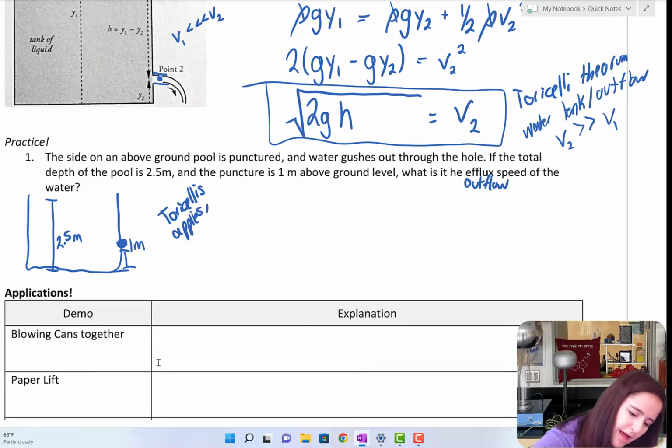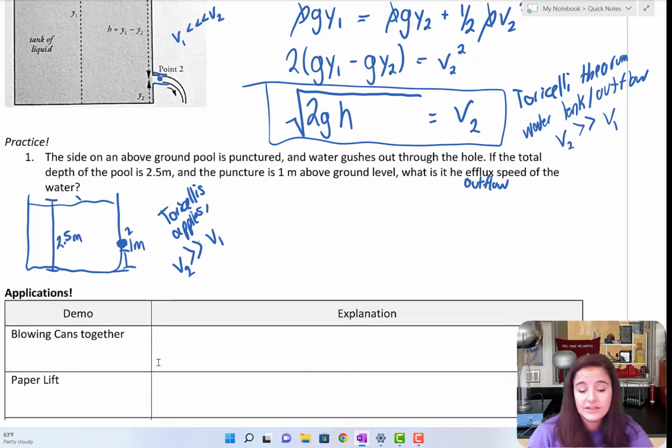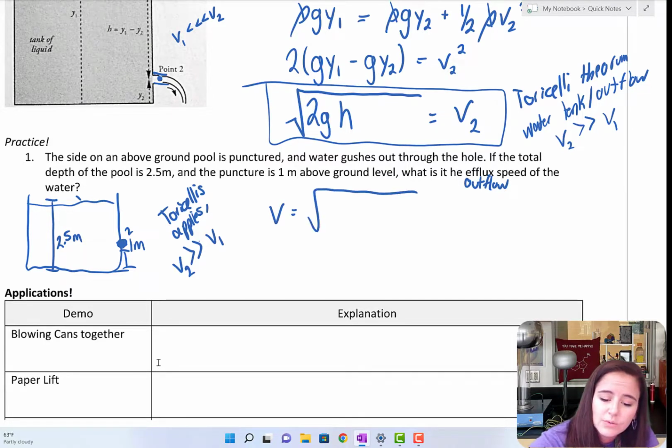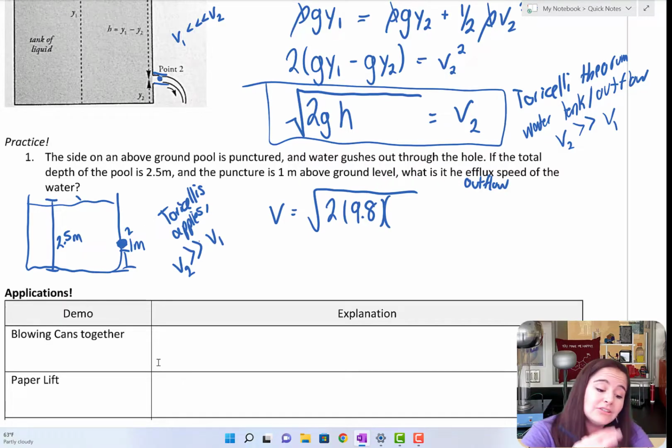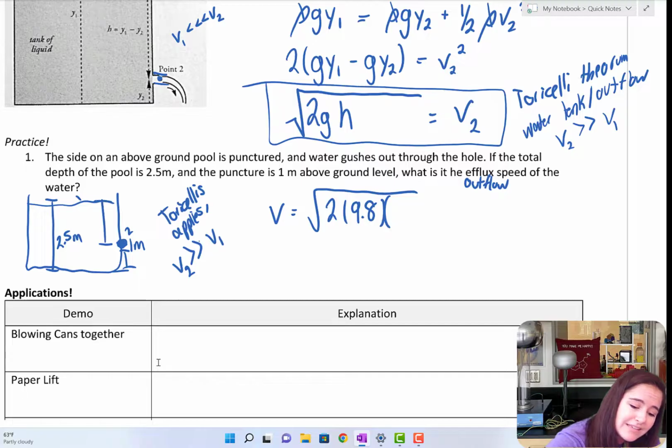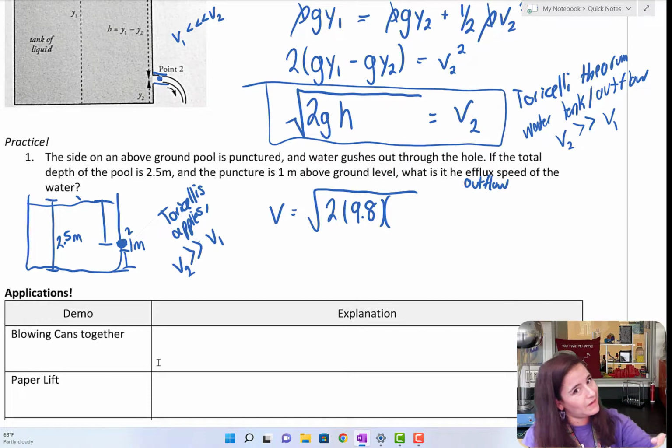The outflow at V2 will be much, much greater than the speed going down in the pool. So we can use velocity is the square root of 2 times 9.8. And then remember, h is the depth. So what is the depth here? It's 2.5 minus 1.